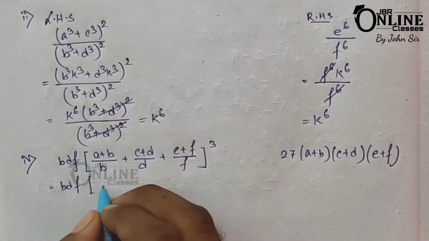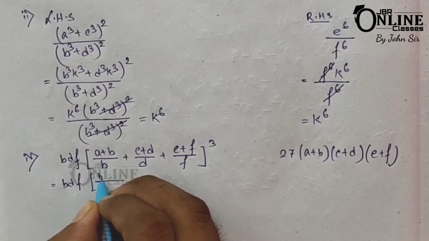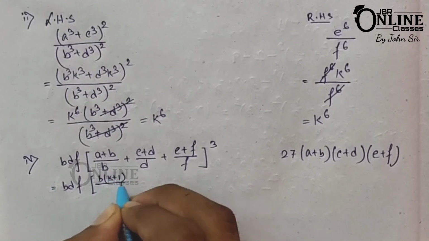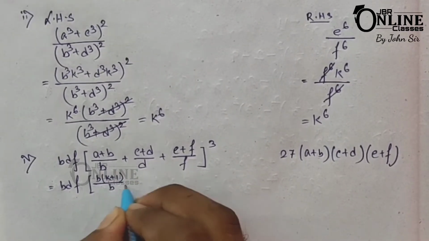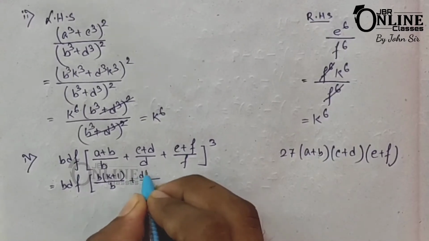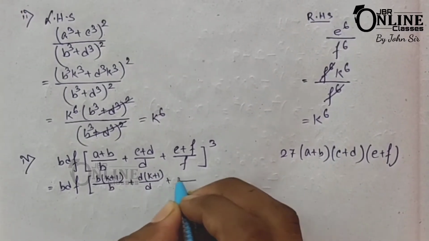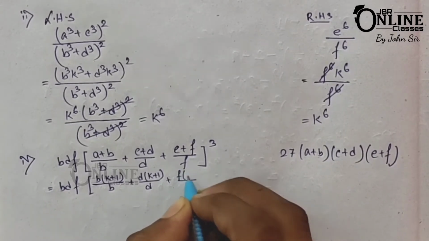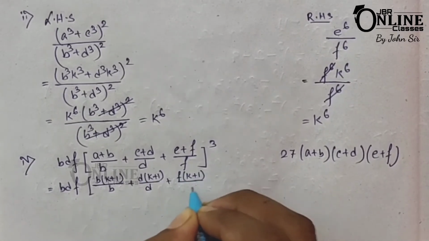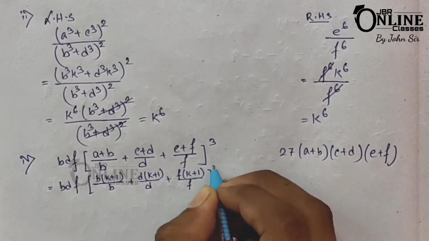So bk + b. Now if b will be common, it becomes b into (k+1)/b. Next one, same, d into (k+1)/d, and the last one f into (k+1)/f whole cube.